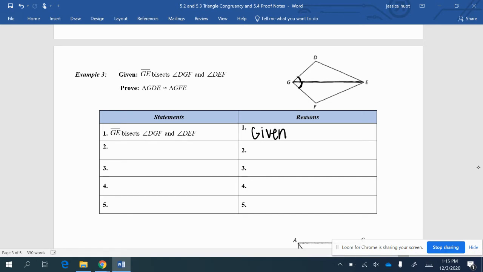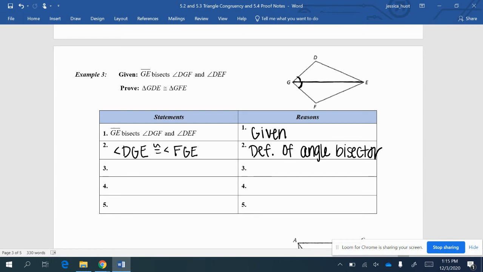To name that angle, DGE, again, you have to use 3 letters here, is congruent to angle FGE. Why? That is the definition of angle bisector.